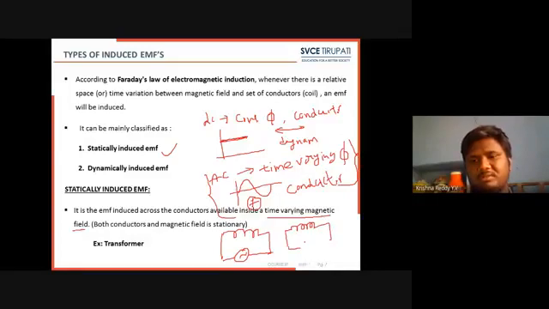Here we are connecting a coil. Due to this time varying magnetic field, we produce the self-induced EMF. Here we also get the mutual induced EMF. Mutual induced EMF occurs in the case of a transformer.